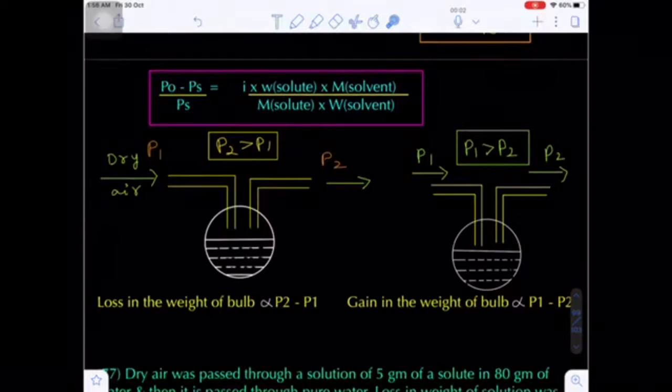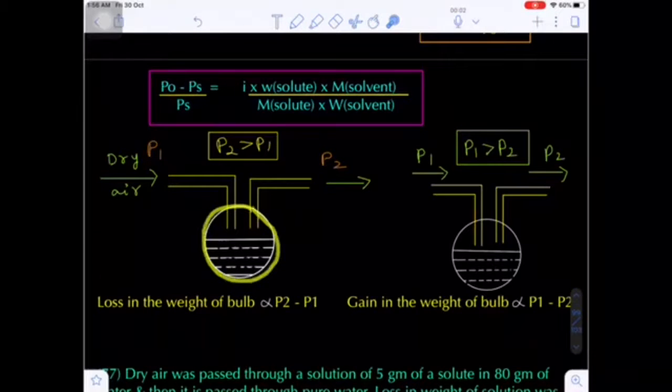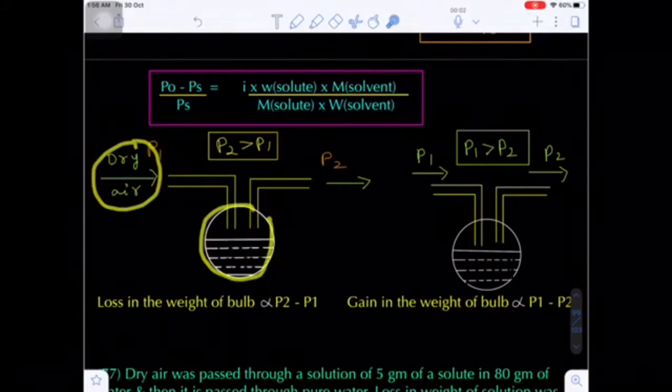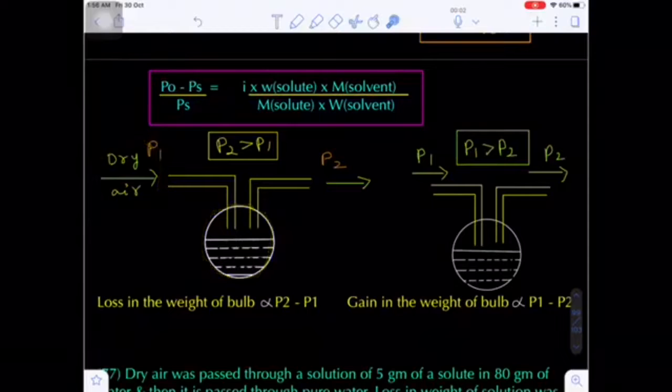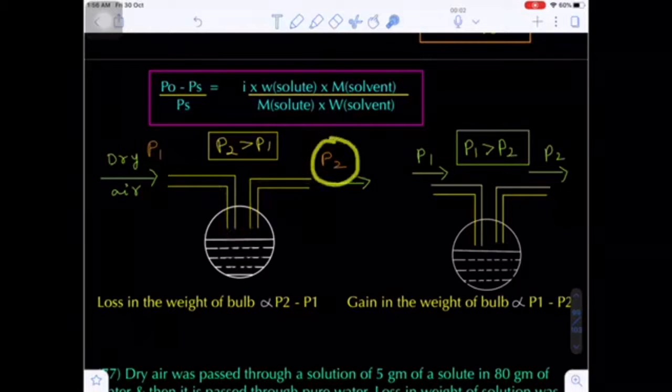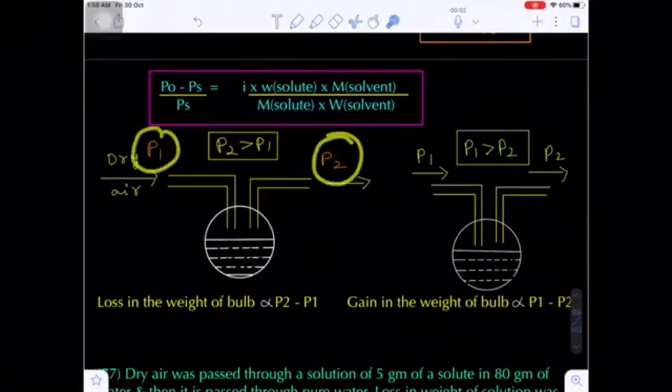Now you see, suppose I am taking one solution bulb or solvent bulb, as you wish. What I am doing here, I am trying to pass the dry air in the solution bulb or solvent bulb. Let's suppose. Now initially what is the pressure of the dry air? P1. After passing through the solution, the pressure will be P2. Now the two options are there: P1 is greater than P2 or P2 is greater than P1.